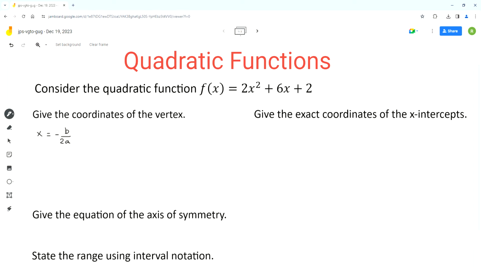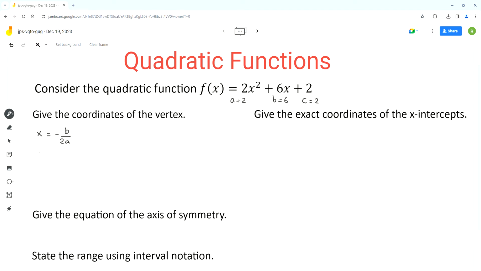b and a represent the coefficients of the terms in this equation in standard form. So a here is the coefficient of the x squared term, b is the coefficient of the x term, and the number term is c. But for this formula, we only need the b and the a values.